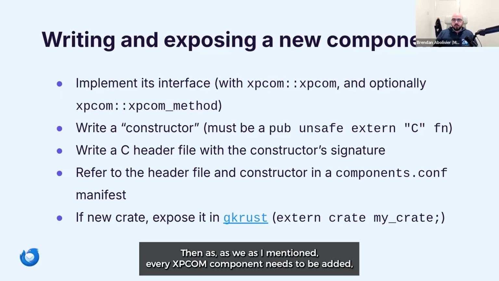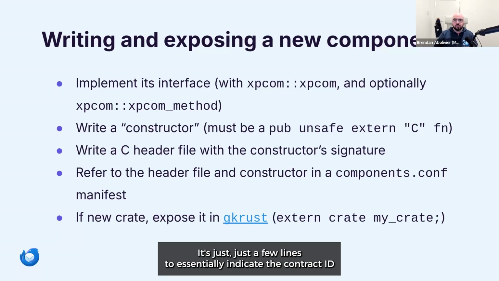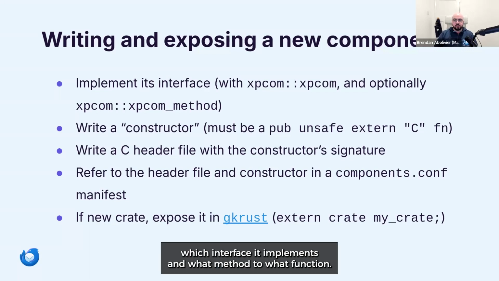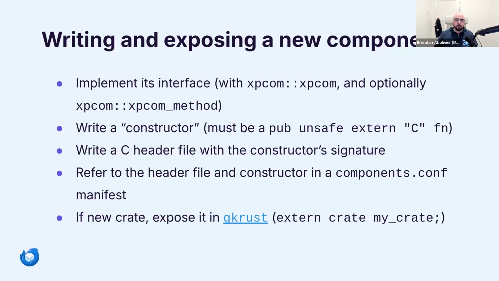Then, as I mentioned, every XPCOM component needs to be added to a components.conf manifest, and that's the next step. It's just a few lines to indicate the contract ID of that new component, which interface it implements, and what function to use to instantiate it.